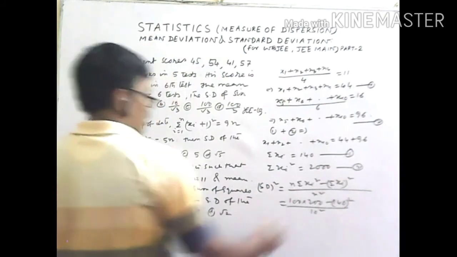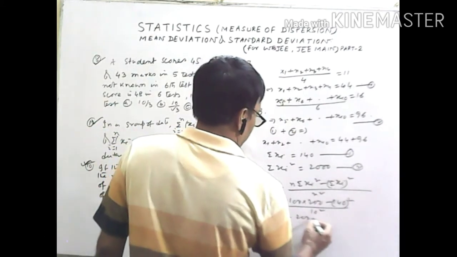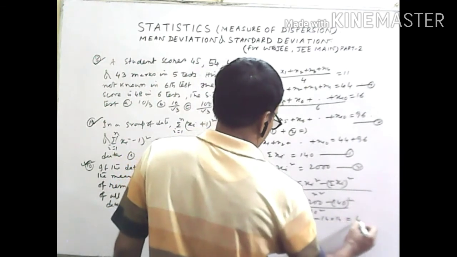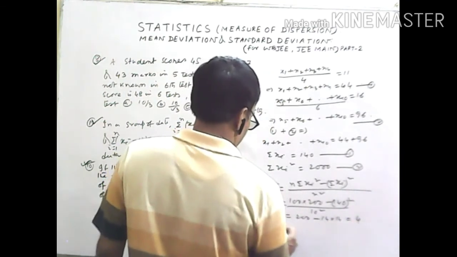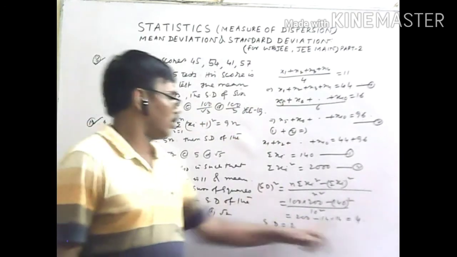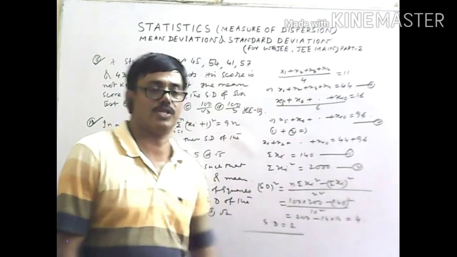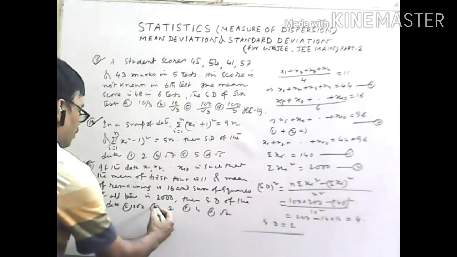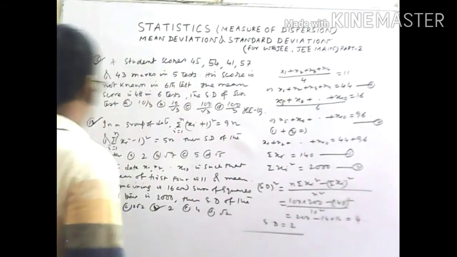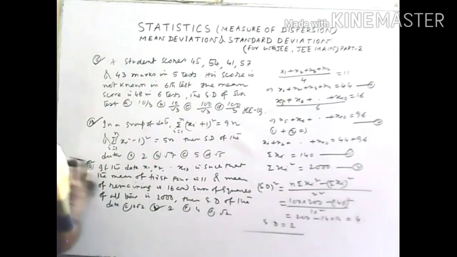Now 10 square is cancelled out. This is 200 and this is 14 into 14, so 196. So what is standard deviation? Standard deviation square equals 4, so standard deviation is 2.